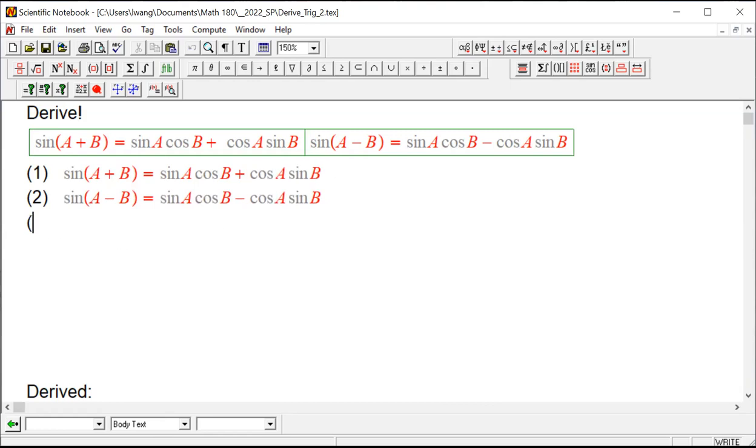What we're going to do is identity one plus identity two. So we're going to add on both sides.